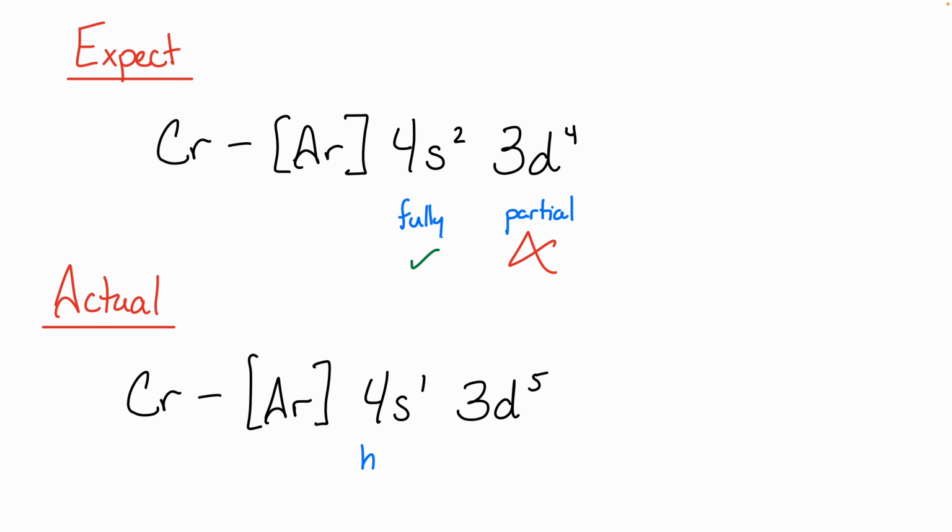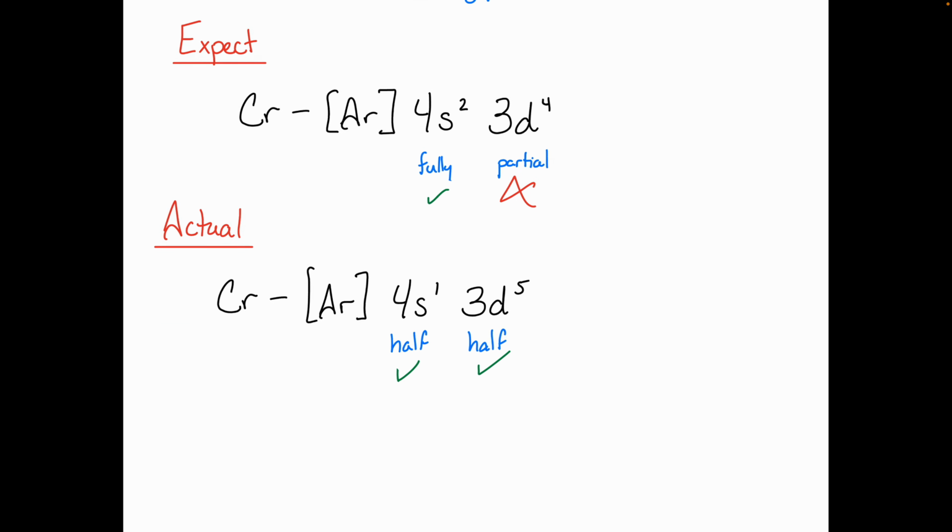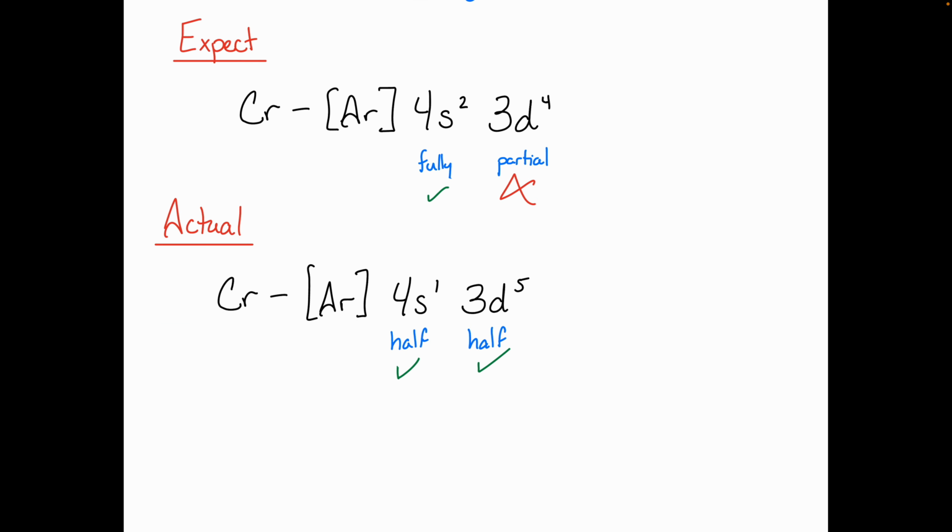Because now the s orbital is half filled and the d orbital is half filled, and there's something extra stabilizing about being half or fully filled. So what we want to note is the difference in the filling of these orbitals between what we would expect based on its location on the periodic table and the actual electron configuration. Our actual electron configuration is 4s1, 3d5.